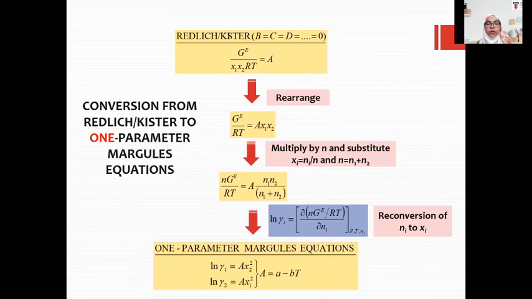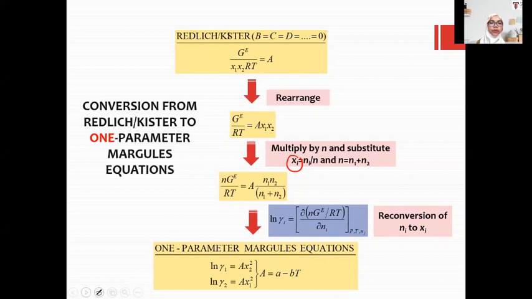The number of moles can be replaced by the composition. Using the reconversion of the moles to the composition, it gives the expression of the one-parameter Margules equation. So this is the final equation.